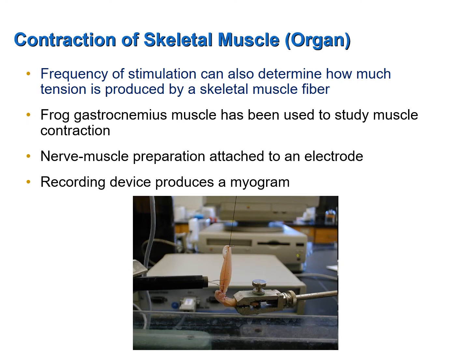The electrode can deliver an electrical stimulus, causing the muscle to contract, and then a recording device produces a myograph, or a graph that illustrates the amount of tension produced over time.